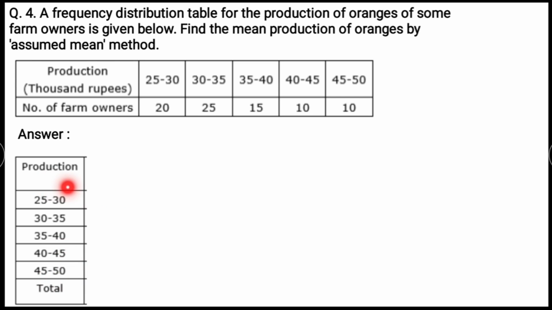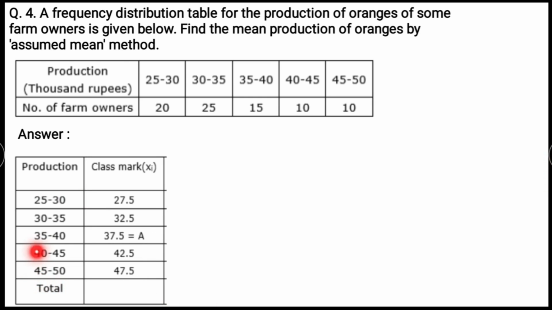Then after production we write the class mark for the production. So we write here 25 plus 30, which is 55. So divide 55 by 2, we get 27.5. Then we add 30 with 35 and divide it by 2, we get 65 upon 2, which is 32.5.